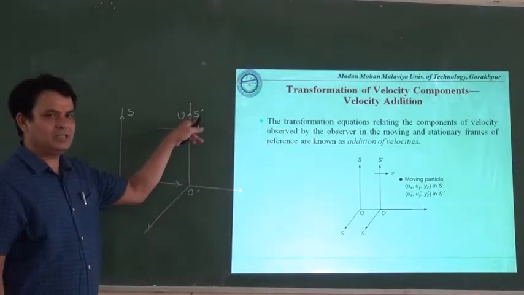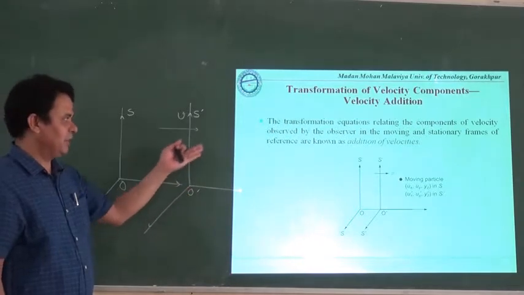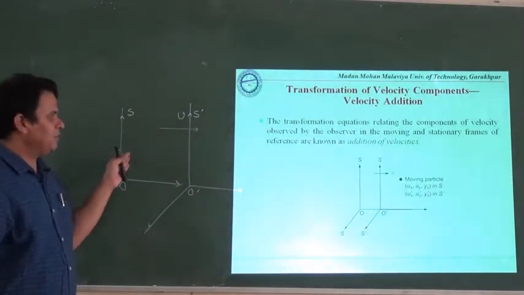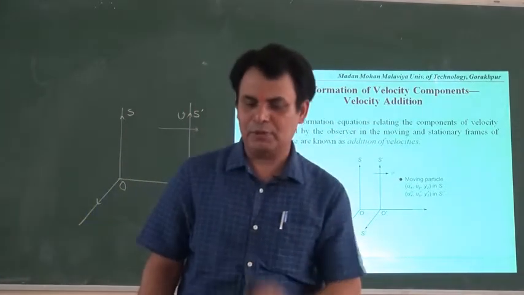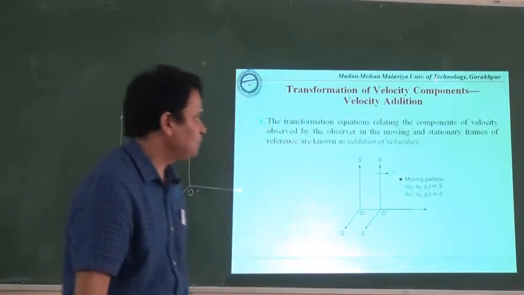As S dash is here, then obviously X dash, Y dash, Z dash will be, as well as T dash, and the measurement from this frame of reference will be for the location and position of a particular particle, that is X, Y, Z and T.